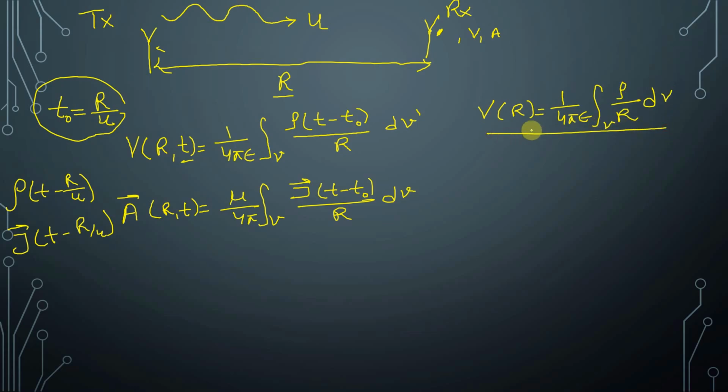Okay, so that was the simple potential. But here we have considered the retarded effect, the time taken by that wave to travel from transmitter to receiver. Similarly, what was A of R? It was mu upon 4 pi.